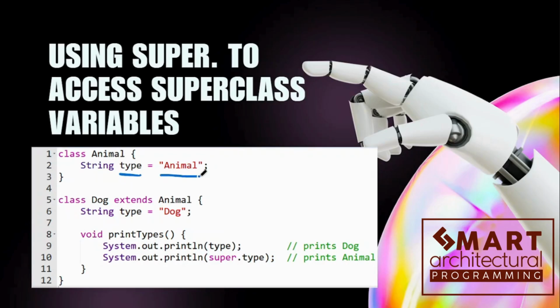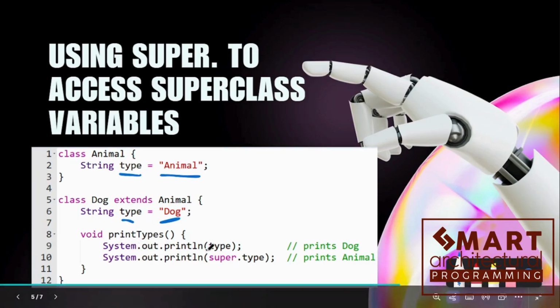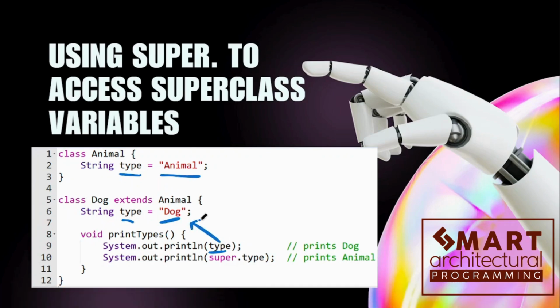So we have a string type defined with the keyword String as animal, and we have a string type defined as dog in the subclass. The superclass has that as animal, and the subclass has that as dog. So when we're trying to print the type in the subclass, it would immediately go, hey, there's a type variable here, so we'll just go there.